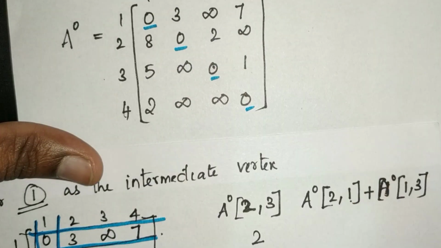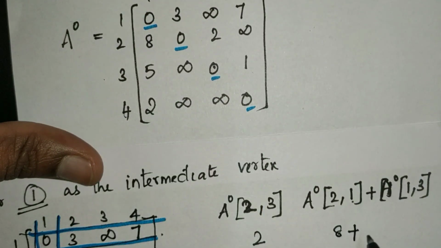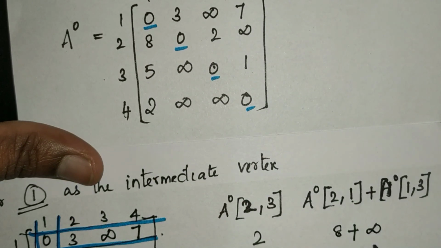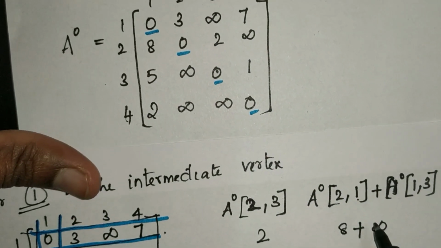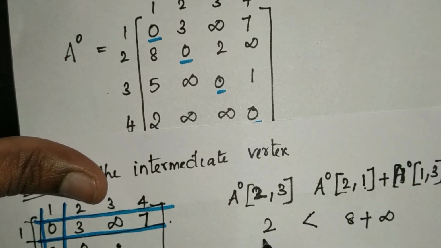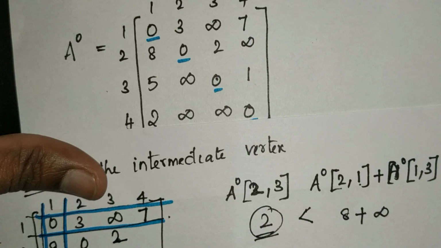What is 2, 1 here? 2, 1 is 8 plus 1, 3 is infinity. So infinity plus 8 will be again infinity. So 2 is less than infinity, so this is the minimum. This can be updated here in the matrix.